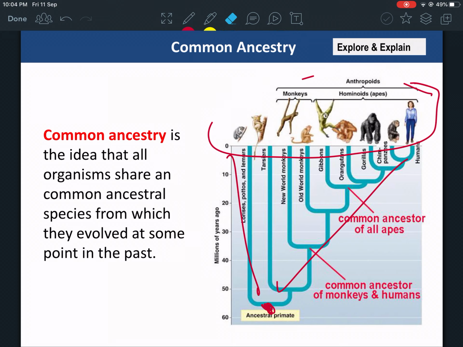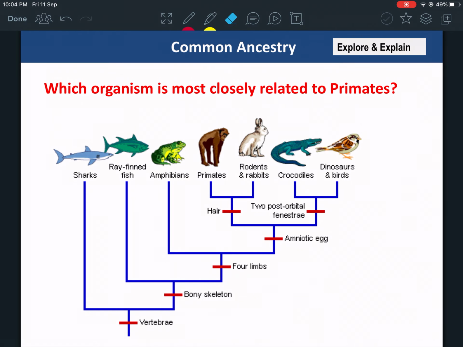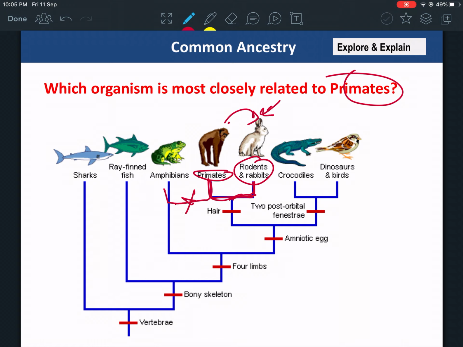So for example, let's look at this diagram. Which organism is most closely related to primates? We're looking for primates. These are primates. Which would be most closely related to primates? It's rodents. Rabbits and rodents. You have to go back in the chart like this, and you find that rabbits and rodents are most closely related. You cannot go back like that because there's no link here.